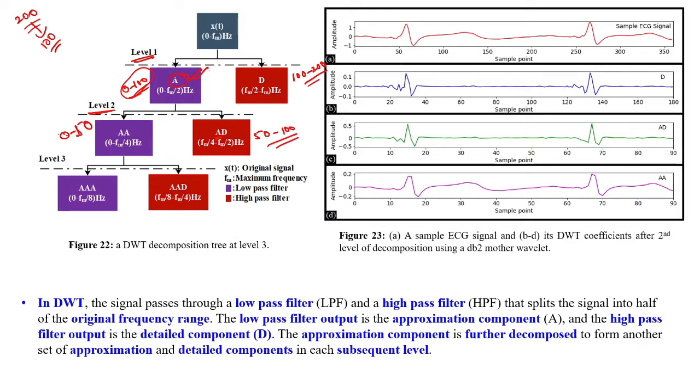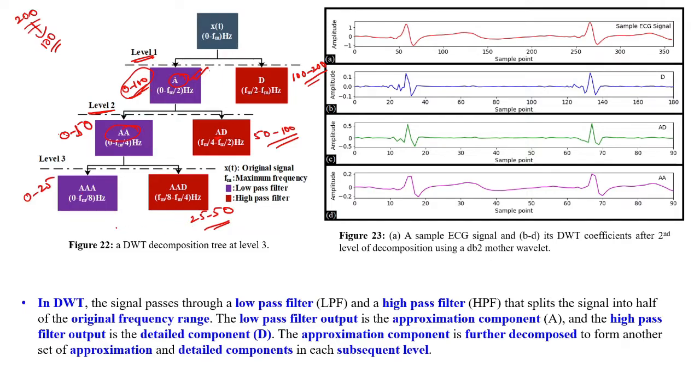Okay, in the third level of decomposition, again this approximate coefficient from level 2 would be broken down and it would appear as AAA. Over here, what would be the frequency component? 0 to 25, and in the detail coefficient you will have a frequency component of 25 to 50.